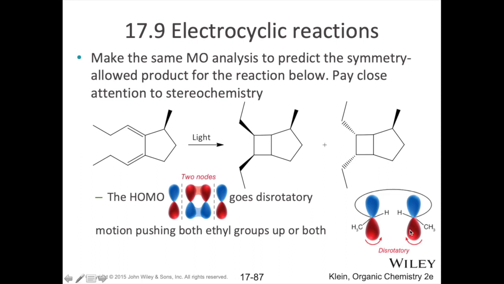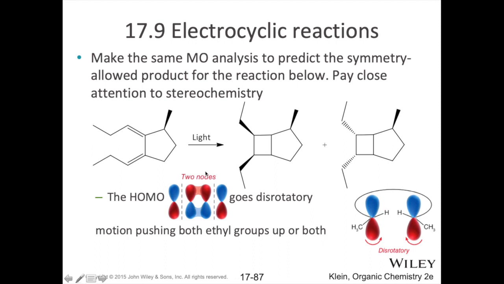But the disrotatory rotation is necessary because when you draw the HOMO accordingly, you see that the 2 outside carbons have the same phase, so they have to have a disrotatory rotation to get those lobes to overlap.